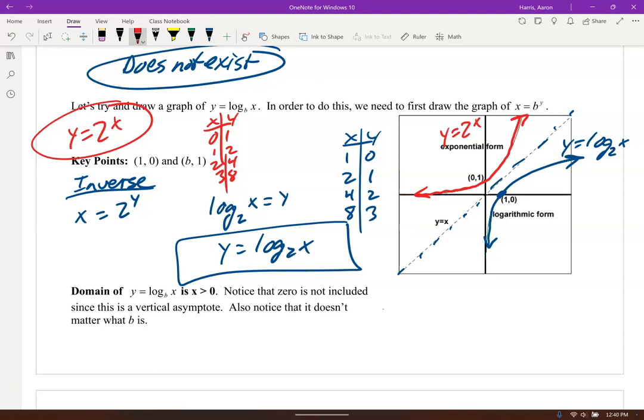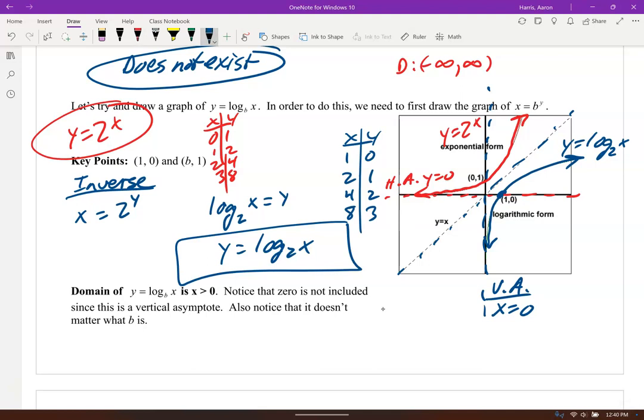And 2 to the x, if you remember, had a horizontal asymptote of y equals 0. So log base 2 of x, instead of y equals 0, would have a vertical asymptote of x equals 0. The domain of 2 to the x is negative infinity to positive infinity.